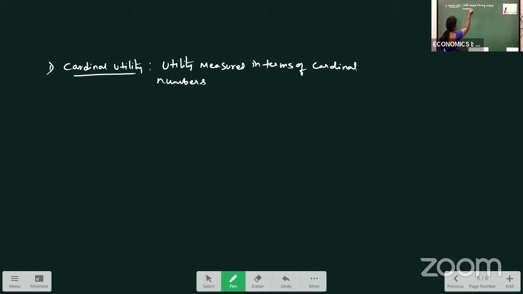What is cardinal? Cardinal in general means numbers. So, cardinal utility means utility which is measured in terms of cardinal numbers. What are cardinal numbers? 1, 2, 3, 4, and so on.